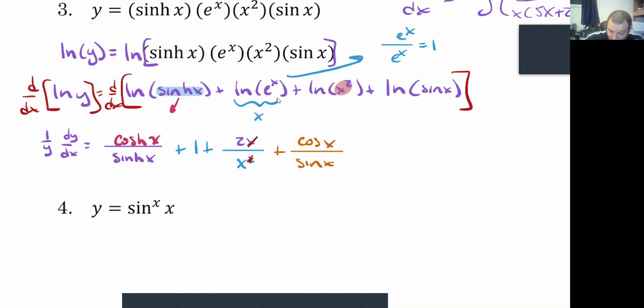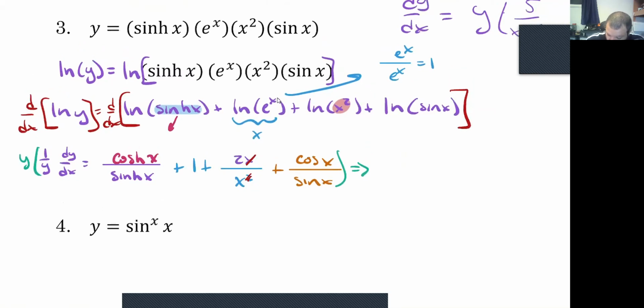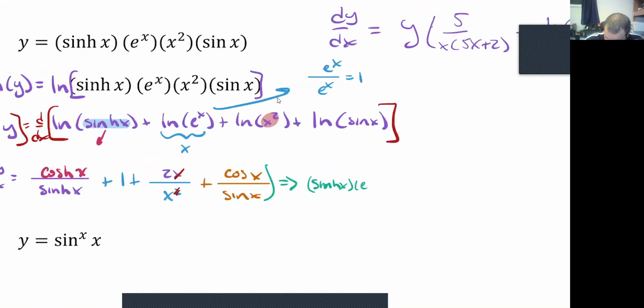We can clean that up a lot, so I'm going to kind of cheat a little bit because watching the videos, if you want me to plug in things for y. So multiplying everything by y, where y was the sinh of e^x times x² sin(x).